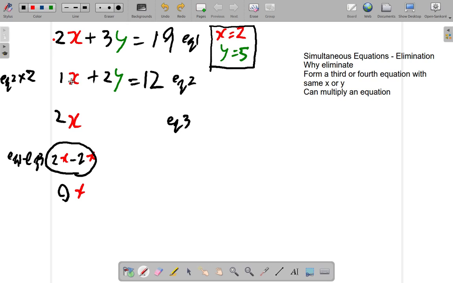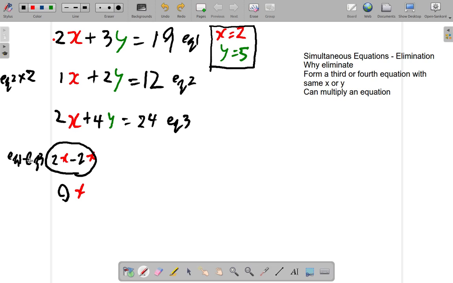By 2, because if I multiply this 1x by 2 I get 2x. So let's say plus I multiply this 2y by 2. 2 times 2 is 4, so 2 times 2y is 4y, equals, I multiply this 12 by 2, 24, and that is my new equation. Good. So let's see what happens.